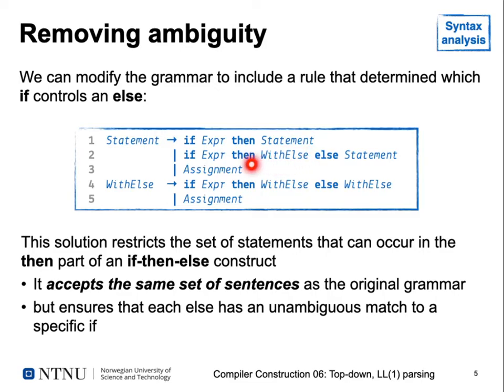We've replaced the statement, which would just recursively go up here, with this new with-else rule we've introduced, and this with-else rule then includes the else statement. So this makes it unambiguous. The solution restricts the set of statements that can occur in the then part of an if-then-else construct. It accepts the same set of sentences as our original grammar from before, but now it ensures that each else has an unambiguous match to one specific if.